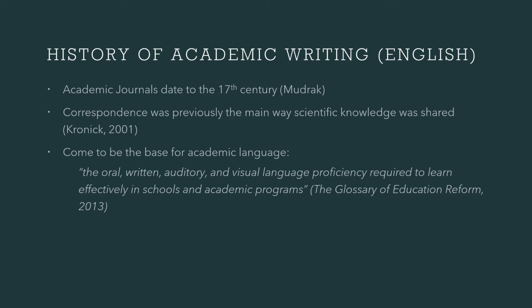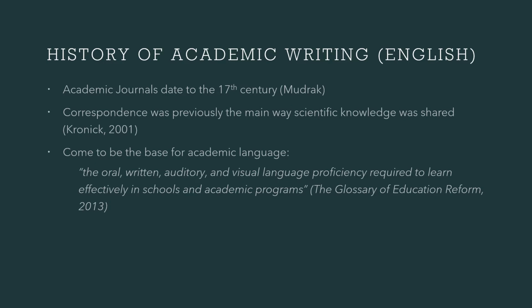And these journals and these conversations between different people who had the time, energy, and money to have what is known as a scientific education would come to establish the basis for academic language, which as defined here is the oral, written, auditory, and visual language proficiency required to learn effectively in schools and academic programs.